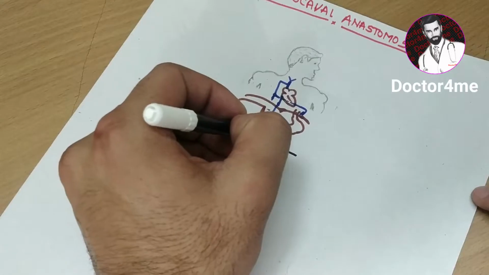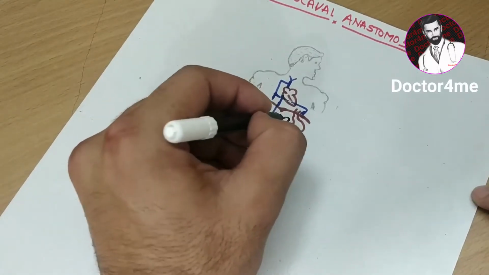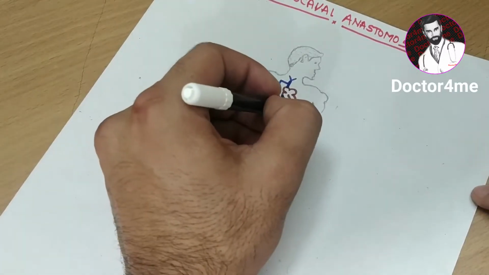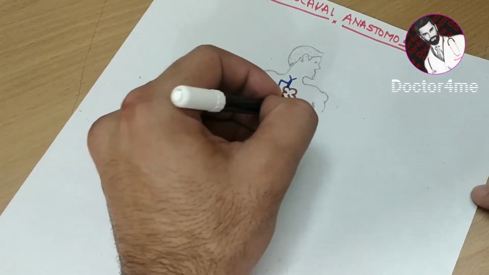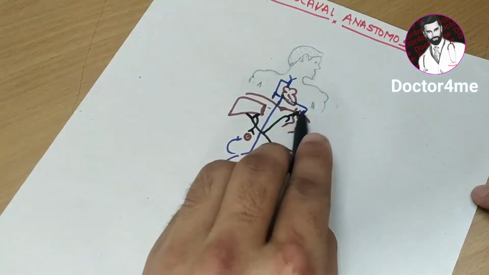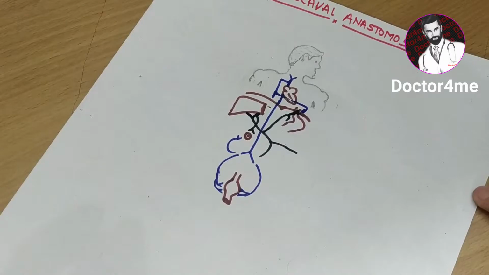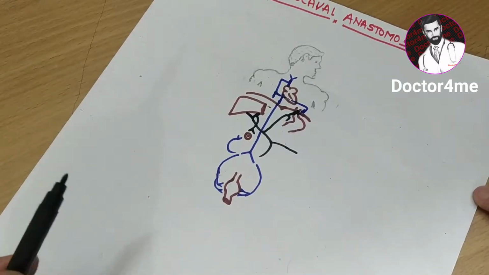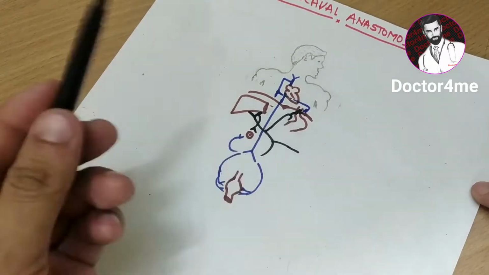And this portal vein gives a branch, the left gastric vein, and it will give an esophageal branch over there. Here this esophageal branch and the azygous vein, hemiazygous vein, at the lower end of the esophagus, a branch of the hemiazygous vein will make an anastomosis.